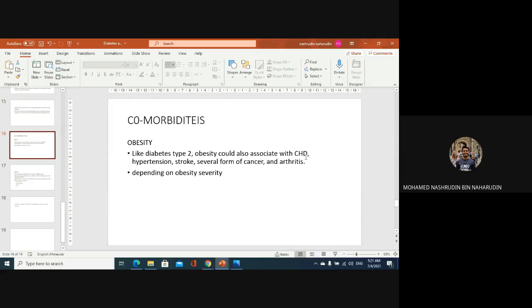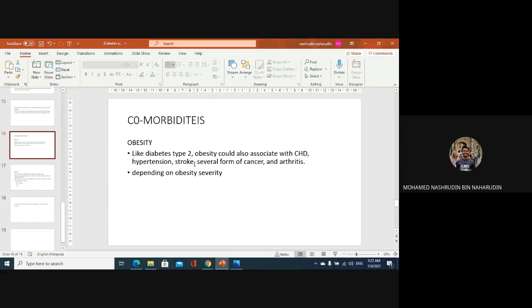cardiovascular heart disease. And then cardiovascular heart disease is linked to hypertension. A clot of cholesterol within the artery wall will increase the pressure, and that is hypertension. And hypertension, of course, could lead to stroke.